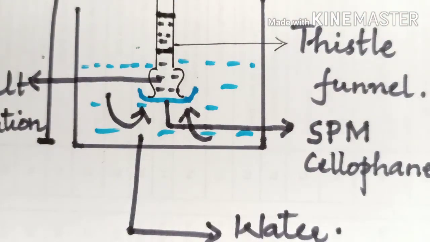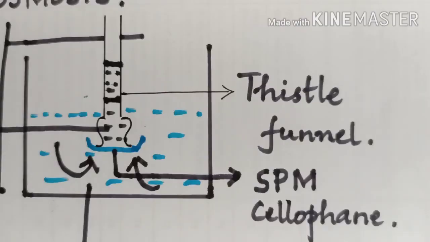So osmosis is the process of movement of solvent molecules from a region of higher concentration to a region of lower concentration through a semi-permeable membrane.